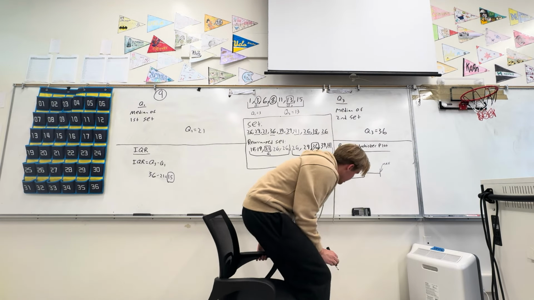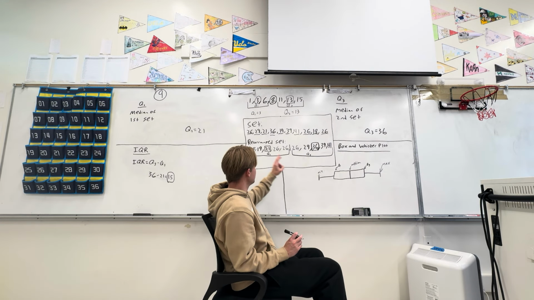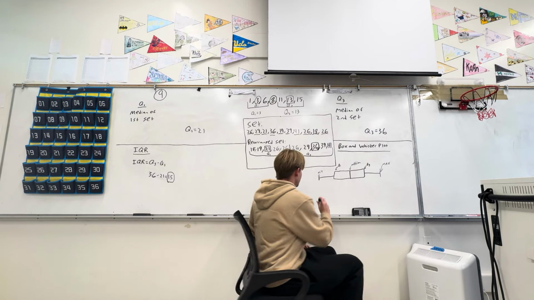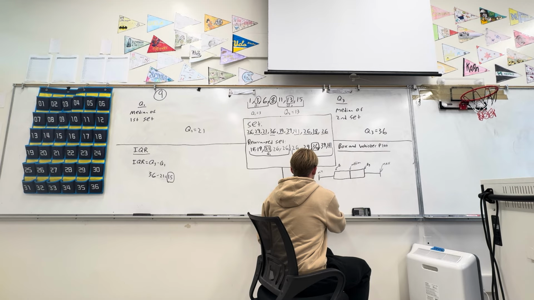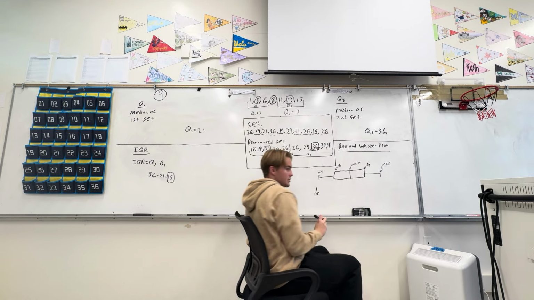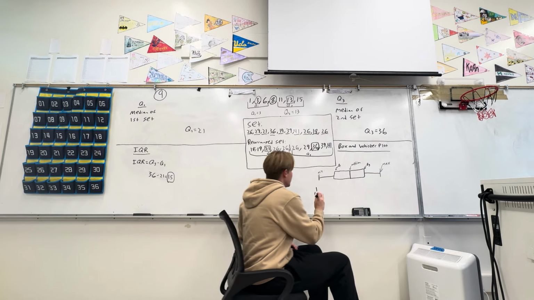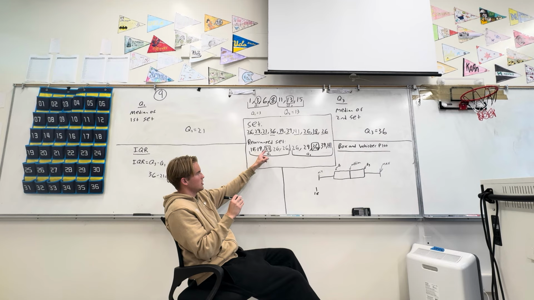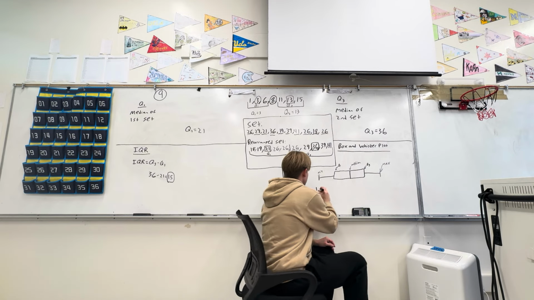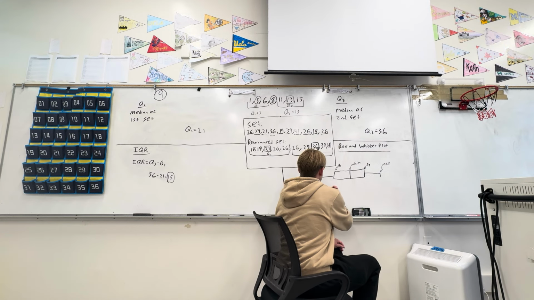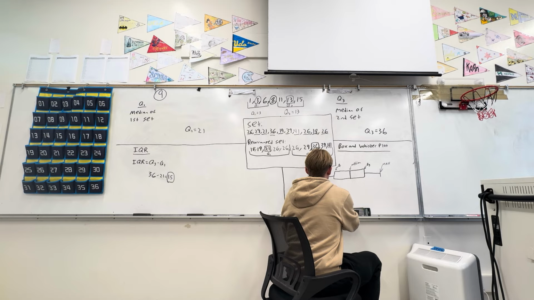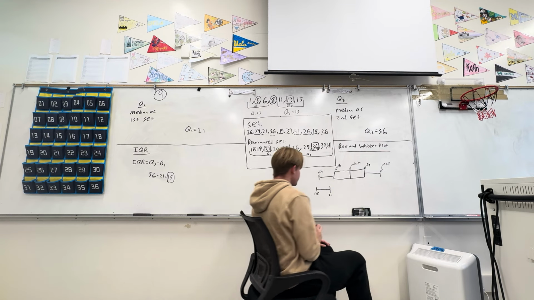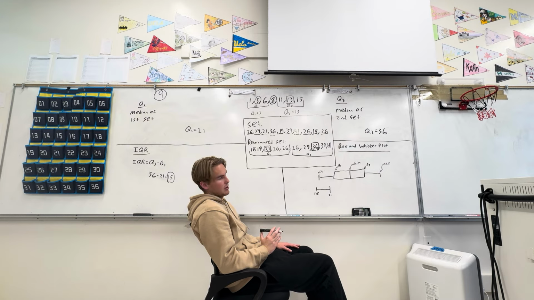Alright, for this example here, our minimum is 18. So that whisker is going to start at 18. And then we're going to have a line going to Q1, which is 21. And then this is going to be the start of our box.